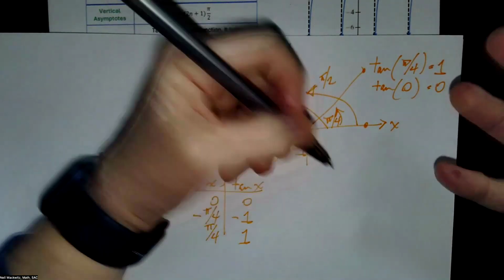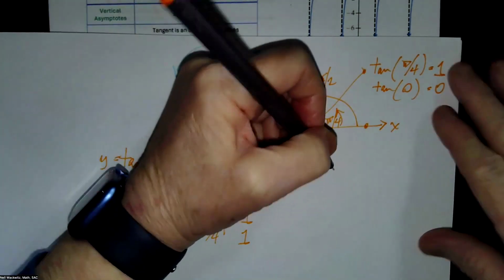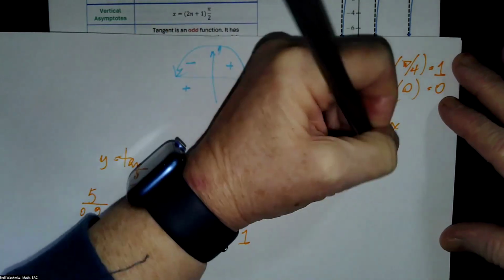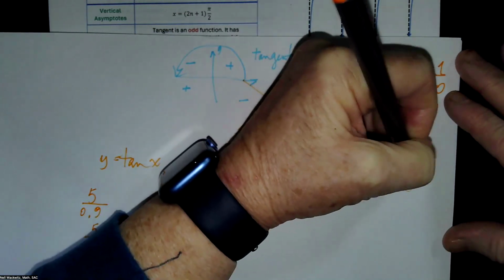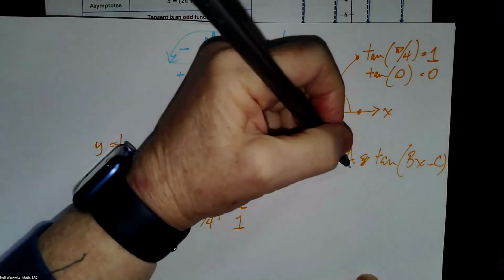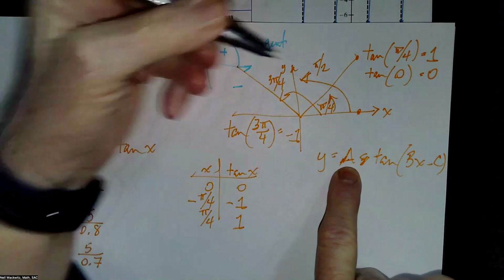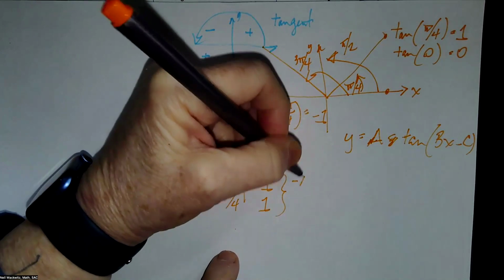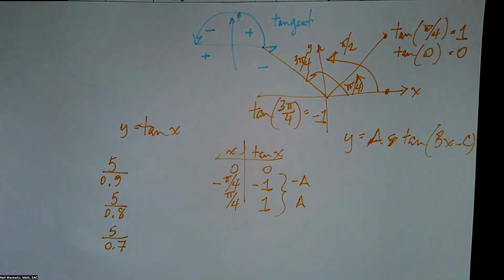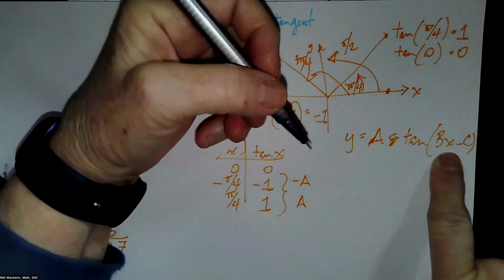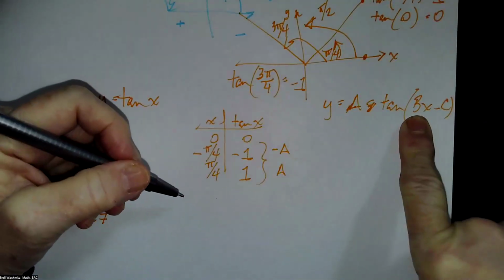All right. So tangent is kind of cool because if we want to graph A tan(bx - c), A is going to give us these two values. We'll have negative A and A. So we can ignore A for a minute. Let's just look at this. We've got bx - c.